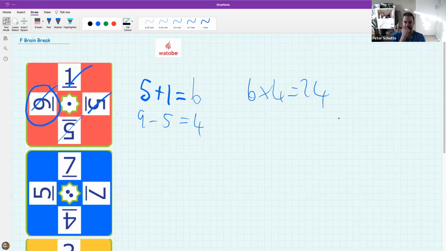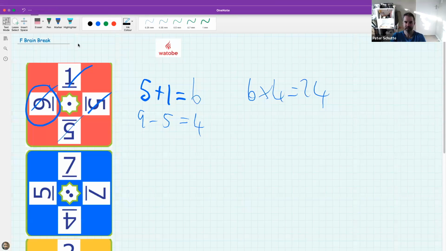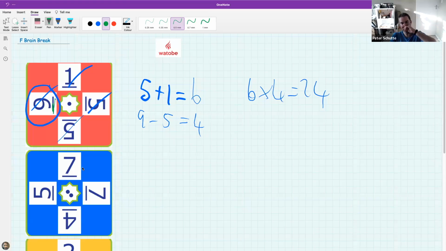And what about the blue one? Can anyone do the blue ones? So it's a 6 times 5. Oh no, that's not a 6, that was a 9. So the line is at the bottom, so that was a 9. Can anyone do the blue one? We've got a 5 and we've got a 4 already in this one. 7 divided by 7 is 1.